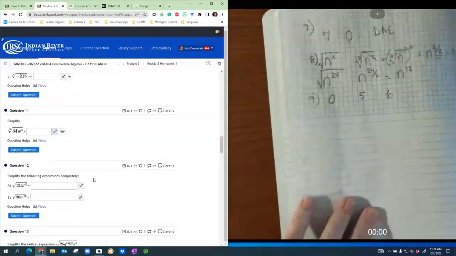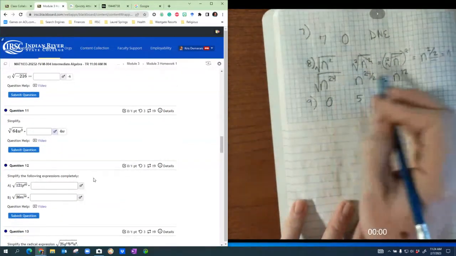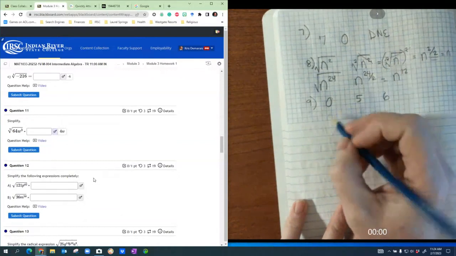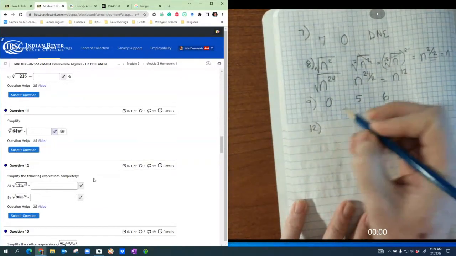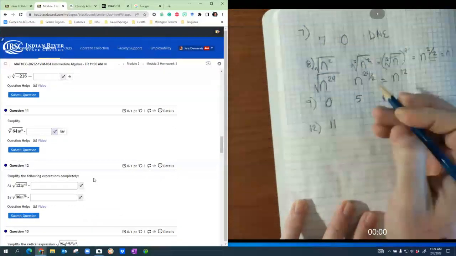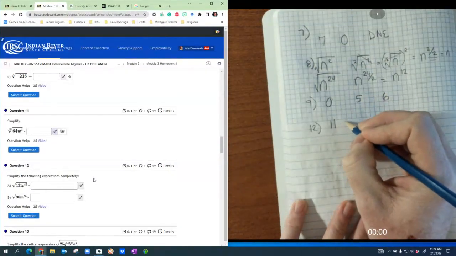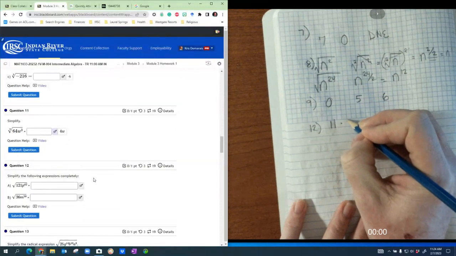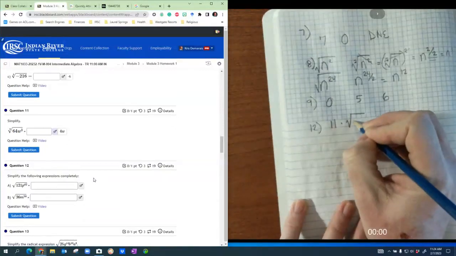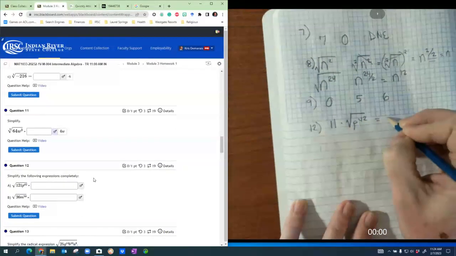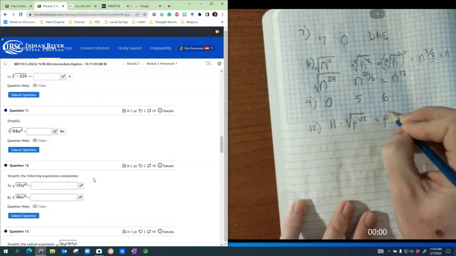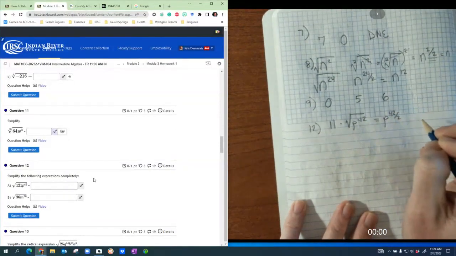Now we get into this one right here. The concept I just talked about over here applies to this question right here, 12. Because now the square root of 121 is 11, we know that. And then we go ahead and treat this right here, the square root of p to the 42. I want to treat it like p to the 42 divided by 2.